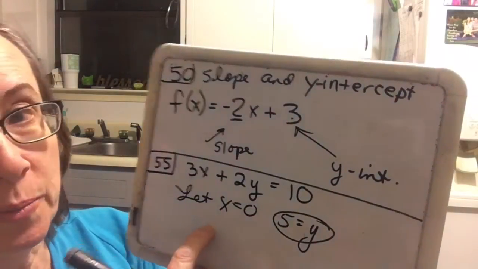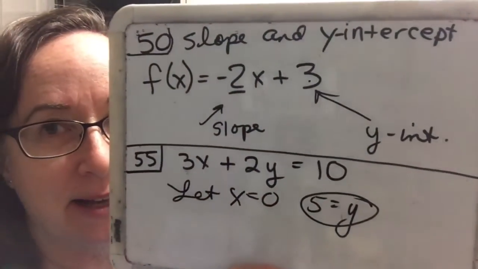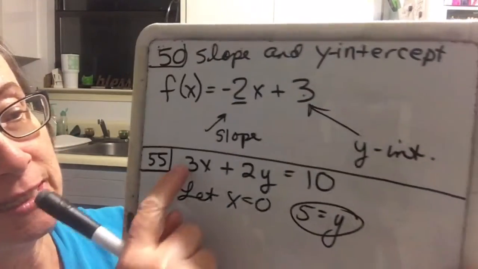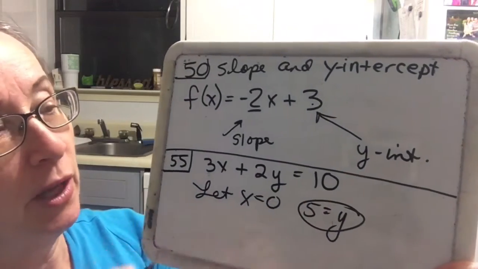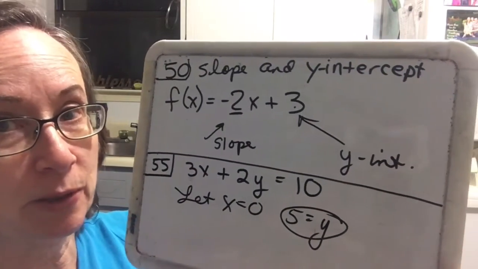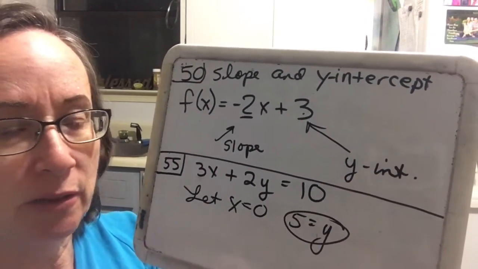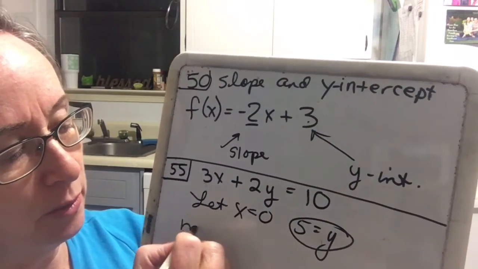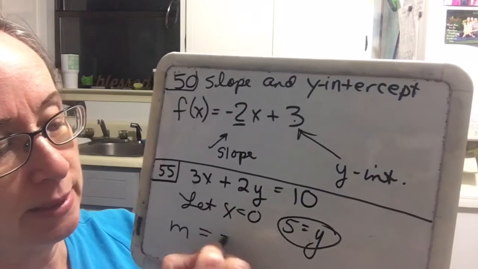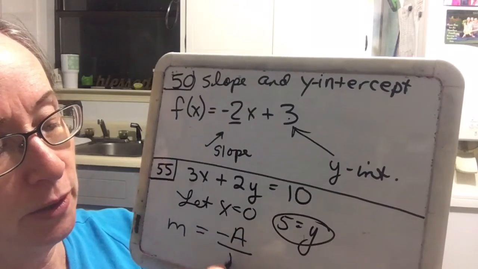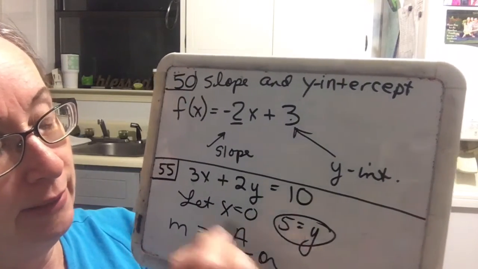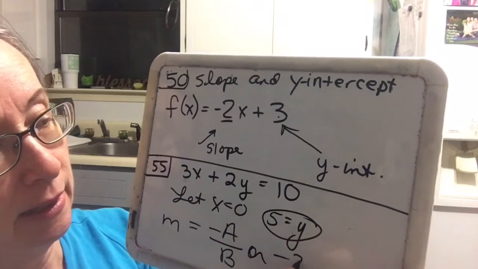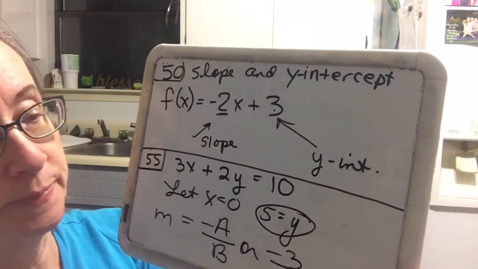And the slope, what was the little trick I taught you? Okay, if it's in standard form, you can turn it around to slope-intercept form, but you don't have to. Because remember, I did it for you on the board, and the slope, when it's in standard form, is always negative a over b, or, in this case, negative 3 over 2.